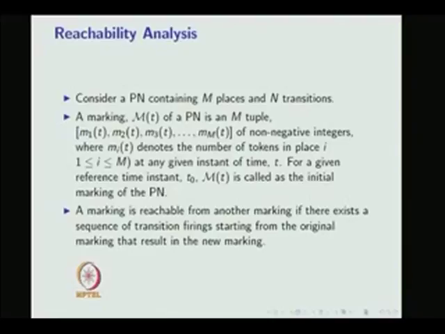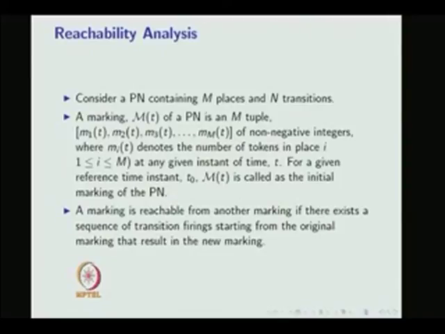Now, we are going to introduce another concept called reachability analysis. Consider a Petri net containing m places and n transitions. A marking M of t of a Petri net is an m tuple with M1 of t, M2 of t, M3 of t and so on till M capital M of t, because we have m places, of non-negative integers where Mi of t denotes the number of tokens in the place i at any given instant of time t.